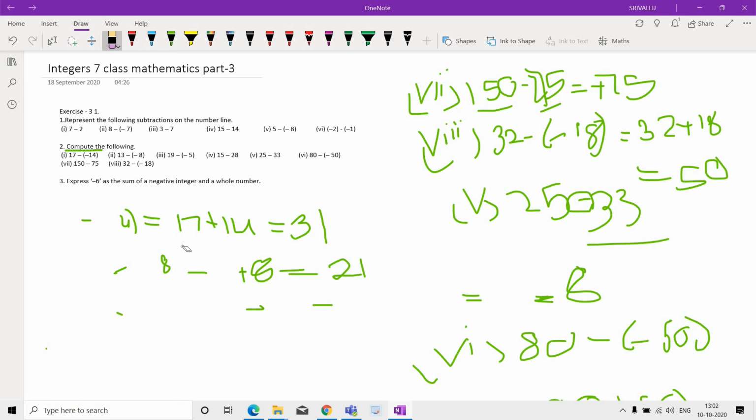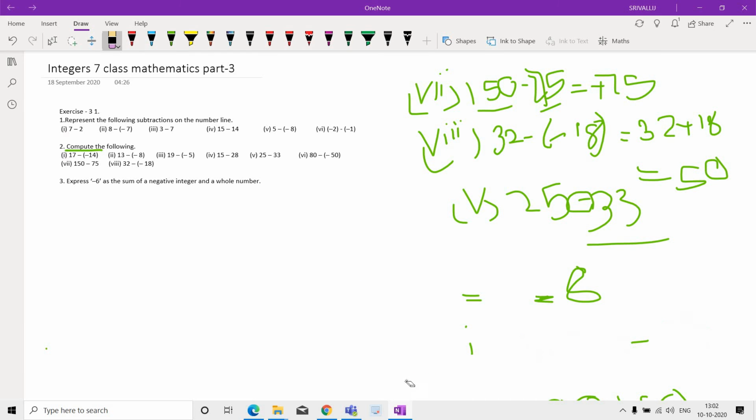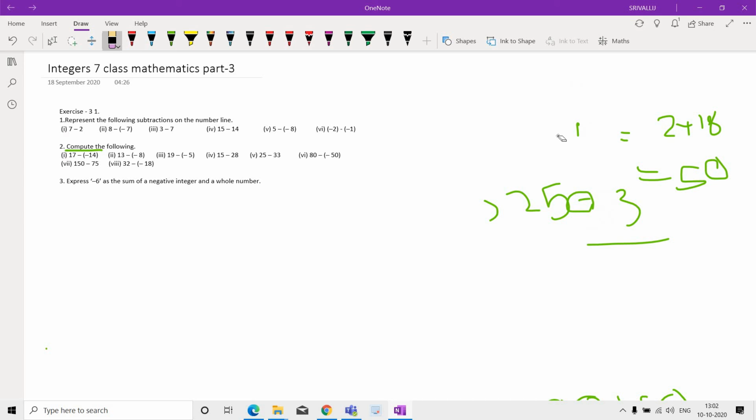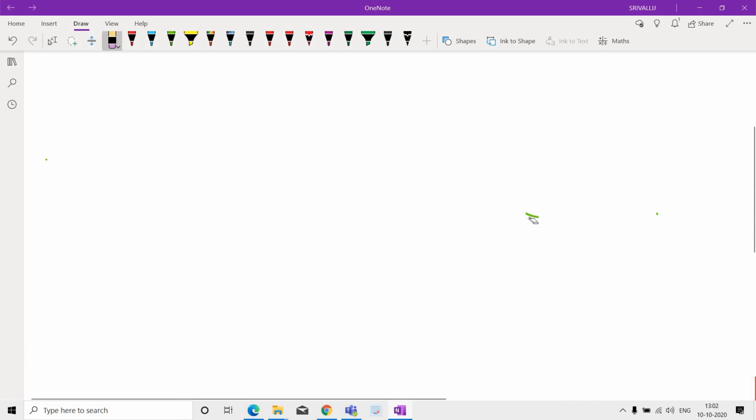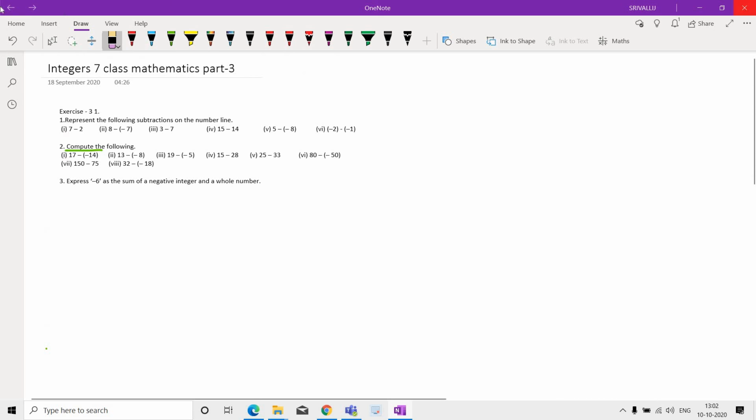So, we are doing now the last third bit in exercise 3. In this problem, you should understand the question thoroughly. You should read the question thoroughly and you should understand. Because the question is totally different. If we didn't understand the question perfectly, the answer will not come perfectly.